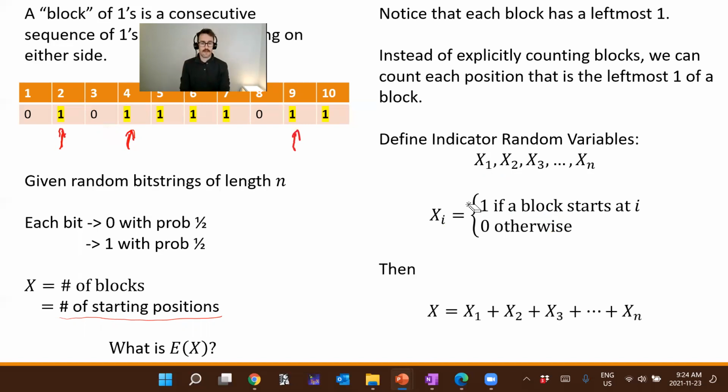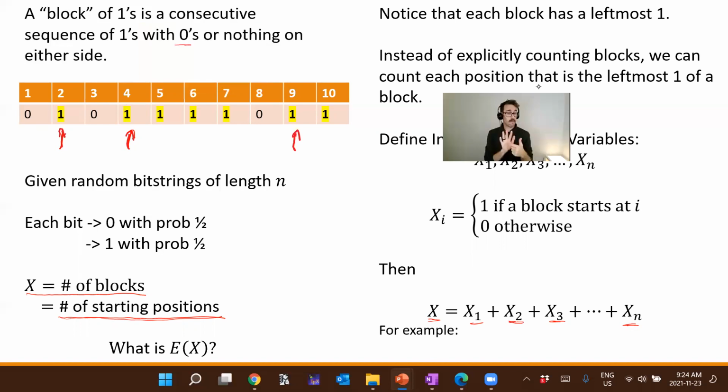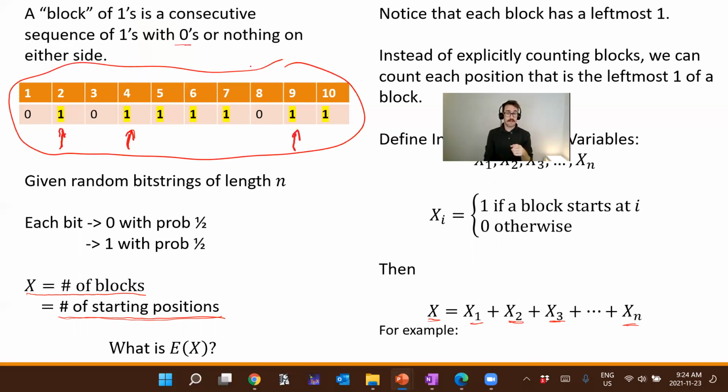Okay, so now if we want to count x, the number of blocks, which is also equal to the number of starting positions, then x is equal to x1 plus x2 plus x3 up to xn, right? For example, if we look at the one that we have defined here, x1 would be 0 because there's a 0 here.